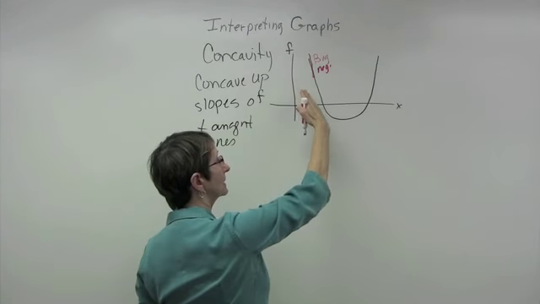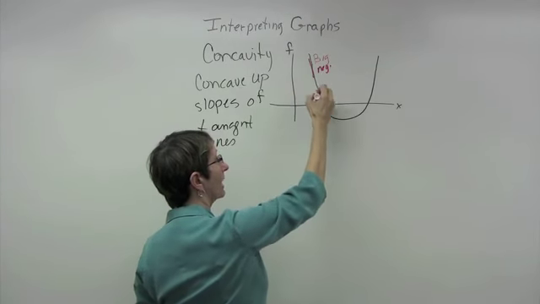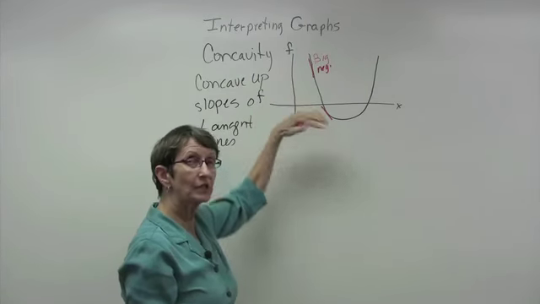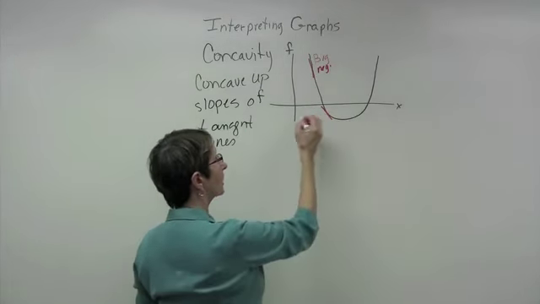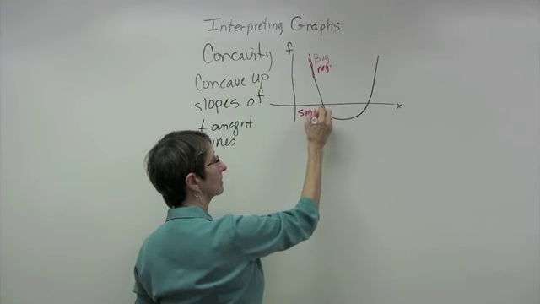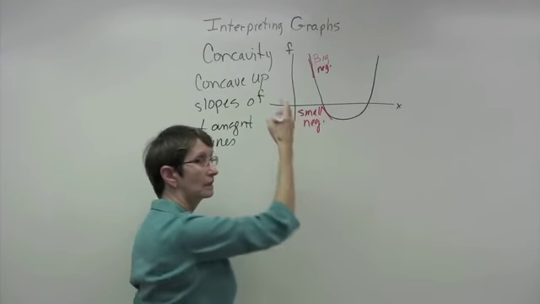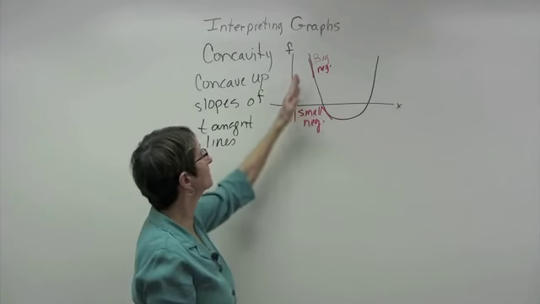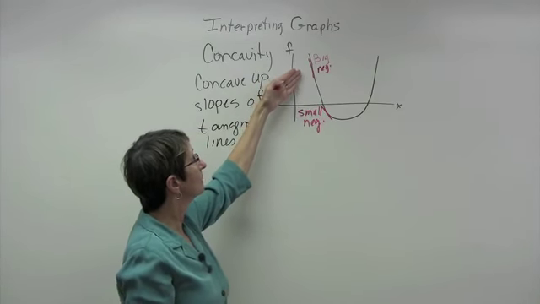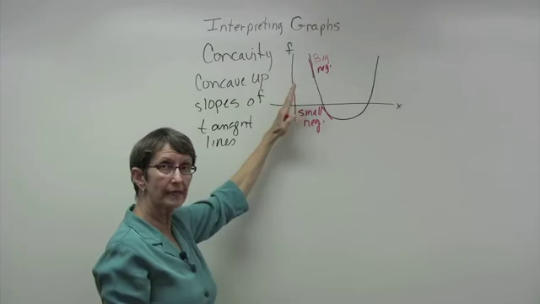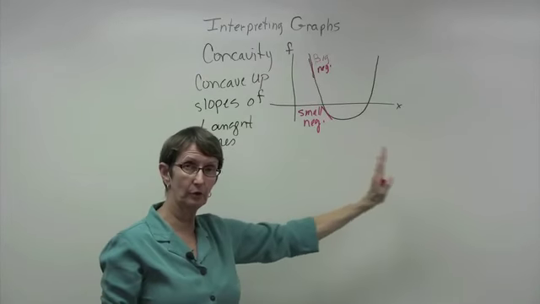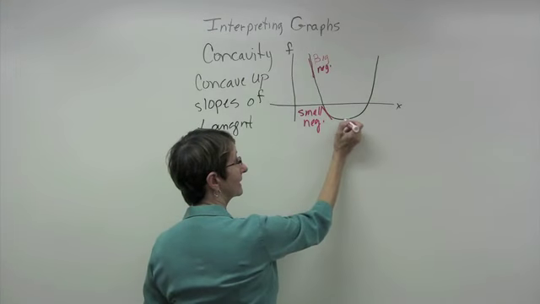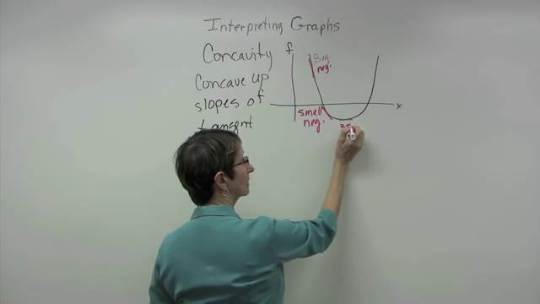As I move down my graph, when I get down here, that tangent line is not as steep, so I would call this a small negative number. So as it moves from left to right, the slopes of the tangent lines go from large negative to small negative, so that would be increasing as we move to the right. At the very bottom, we could say that it's 0.